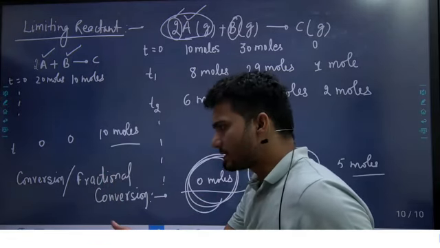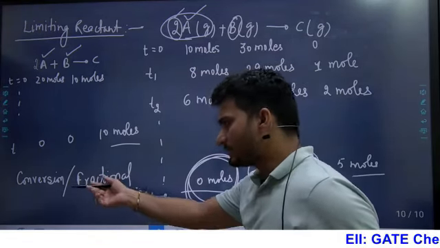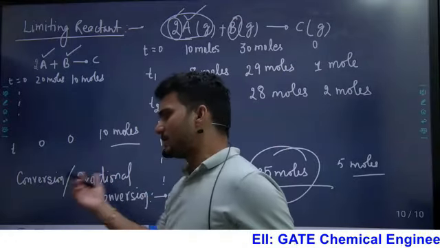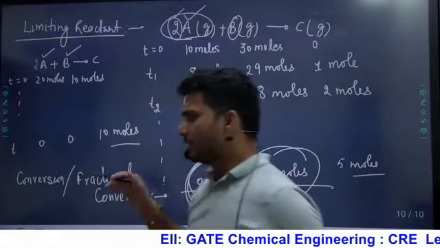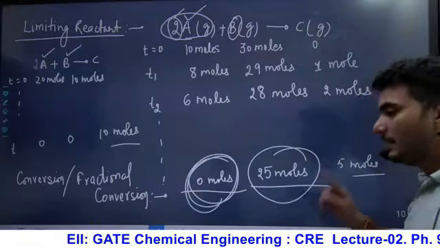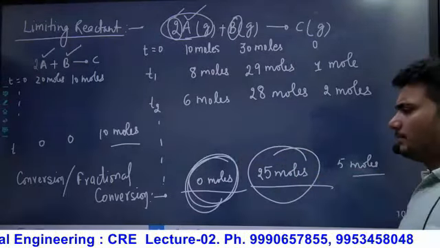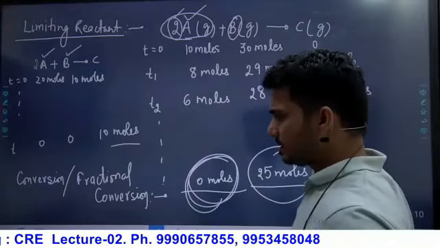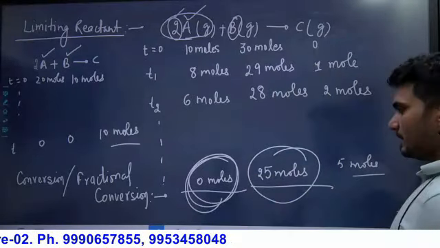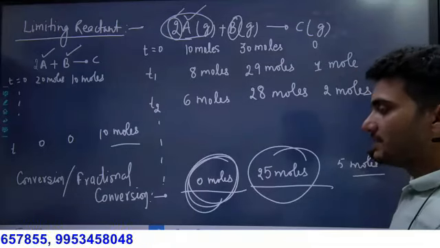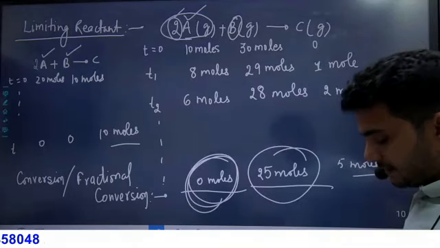Conversion, percentage conversion, or if only conversion is mentioned, it means the fractional conversion. It is defined for the limiting reactant. Conversion I will define later, but before that just try to understand. Conversion is defined for the limiting reactant.